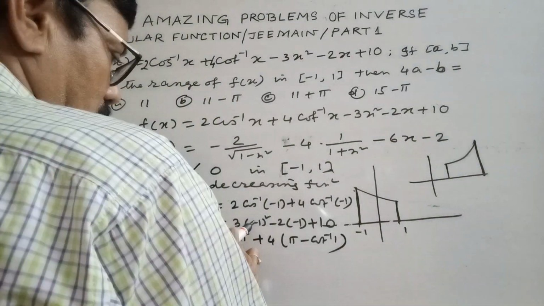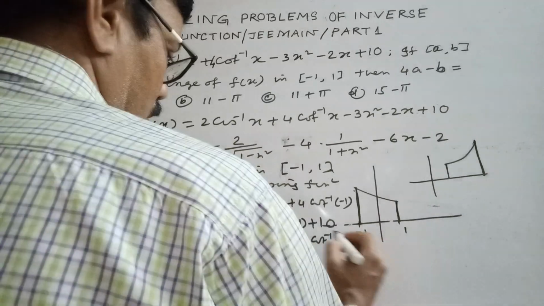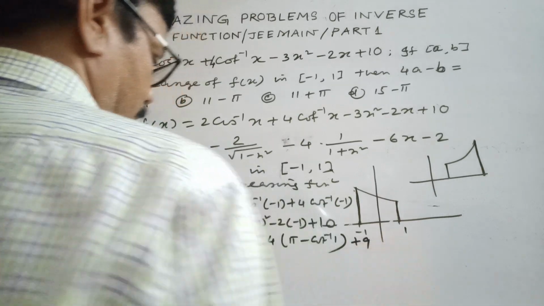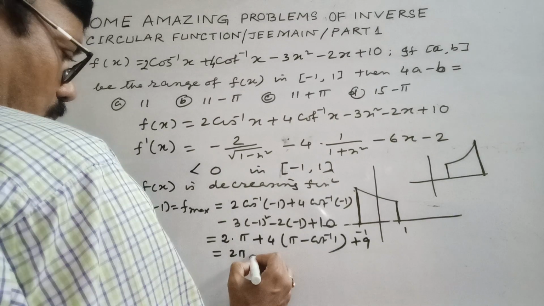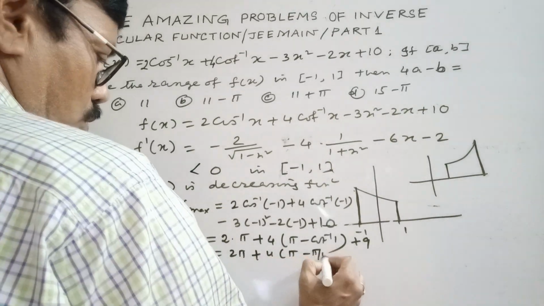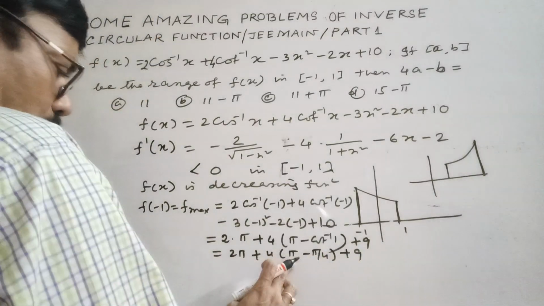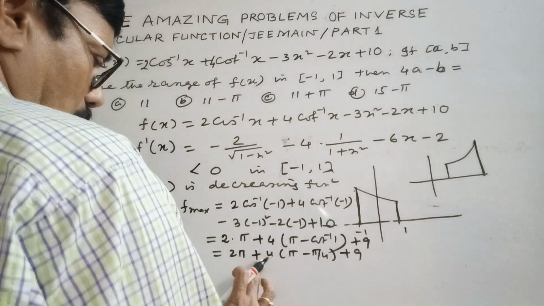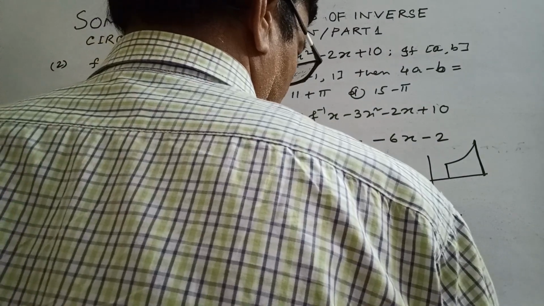So this is minus 3 and 10 plus 2 is 12, 12 minus 3 is plus 9. Finally, 2 pi plus 4 into (pi minus pi by 4) plus 9. So 2 pi plus 4 pi is 6 pi, minus pi, so 5 pi plus 9.